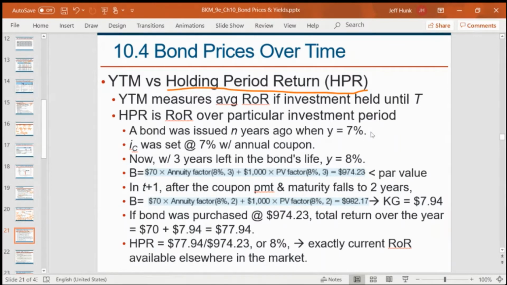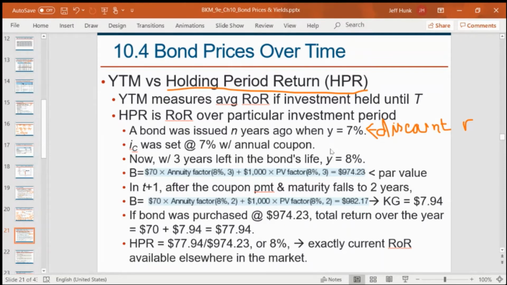So this is the prevailing market rate, or discount rate, right? And the coupon rate was set at 7% with annual coupon.